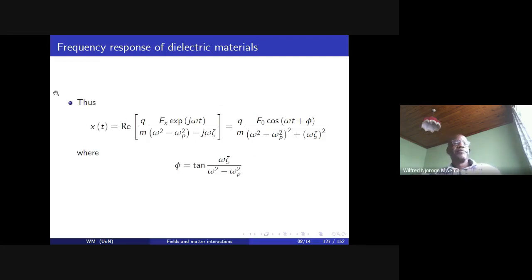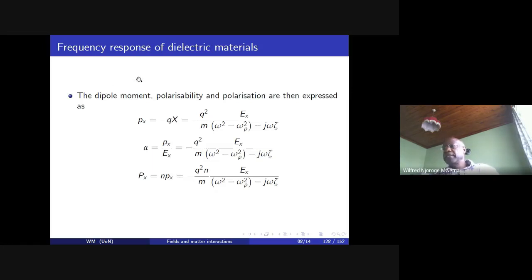Therefore, the displacement x of t is going to be given by the real part of that equation, which is q cos phi over that equation, where phi is the arctangent, not a tangent, of omega zeta by omega squared minus omega p. This is an error there.